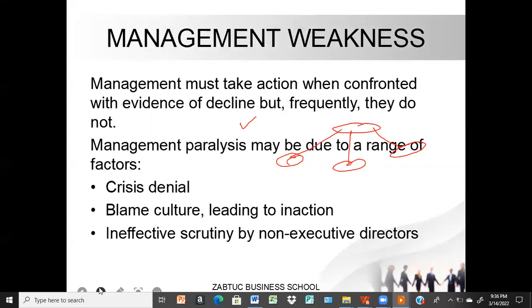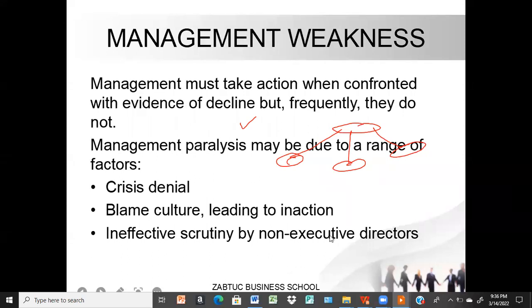Or sometimes just management weaknesses. Management failing to take action when there are problems in the company, what you call management paralysis. They are caught up in crisis denial, they don't accept it as a problem. They get to blaming one another.